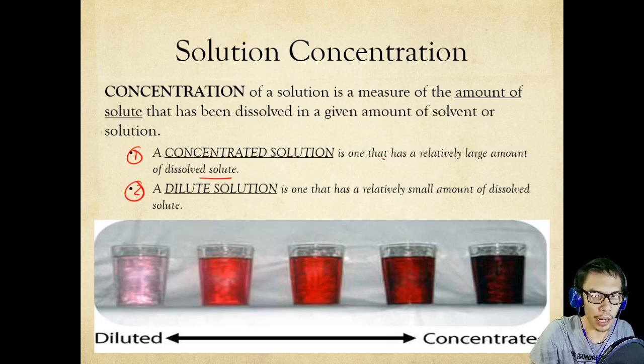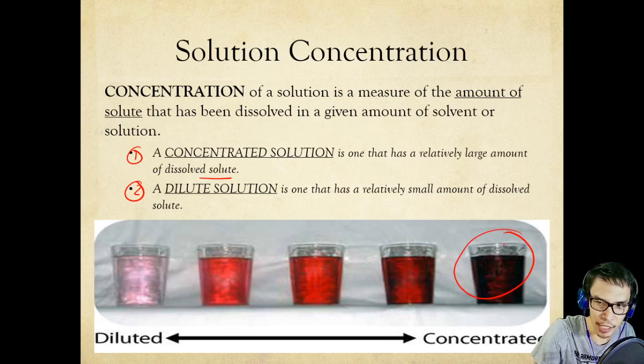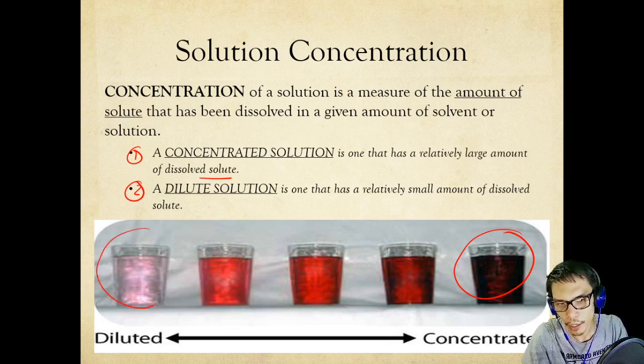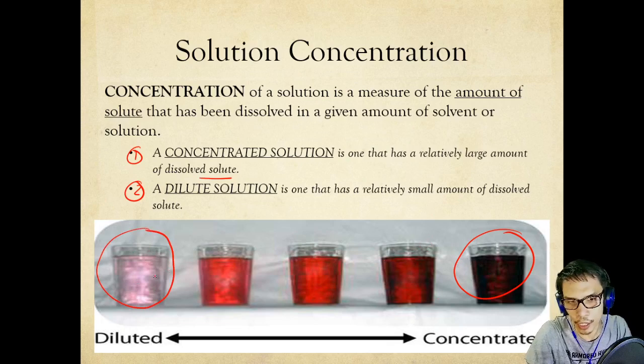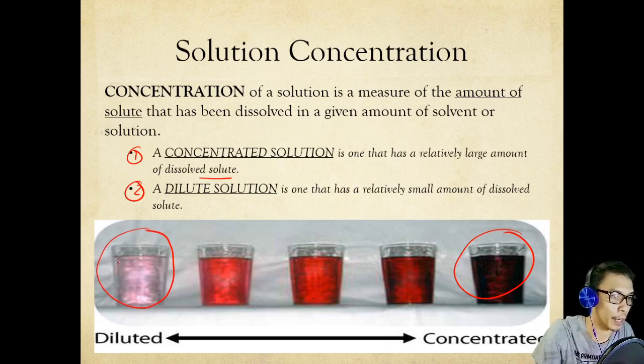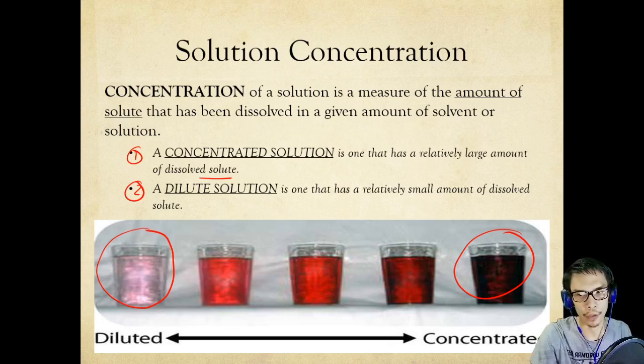In a dilute solution, there is a small amount of solute compared to solvent. If you prepare a juice drink and it ends up with a dark color, it means that your juice drink is concentrated. But if you prepare a juice drink that has a lighter color like this, it is somehow diluted. So that is the solution concentration.